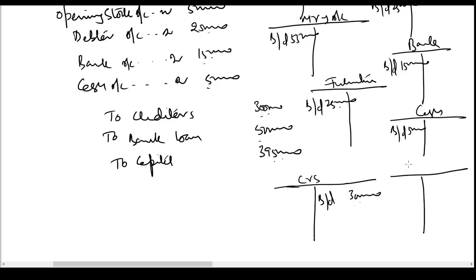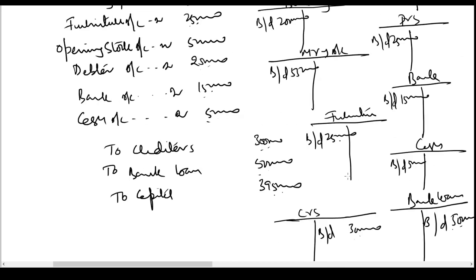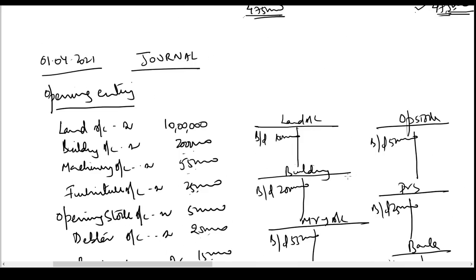We'll open bank loan account, we'll write brought down 5 lakh. We'll open capital account and write brought down 39 lakh 50,000. So this is how the entry is posted in the ledgers in the books of the next year.